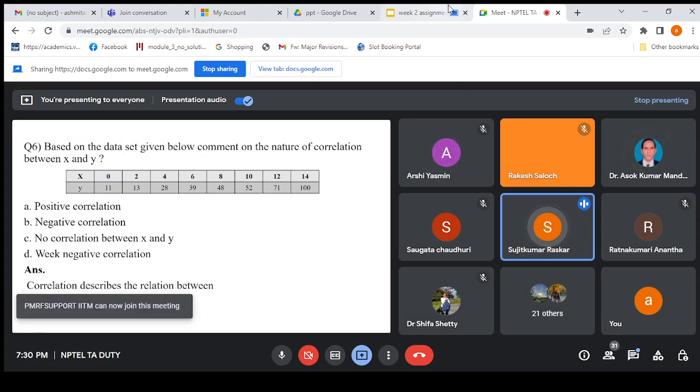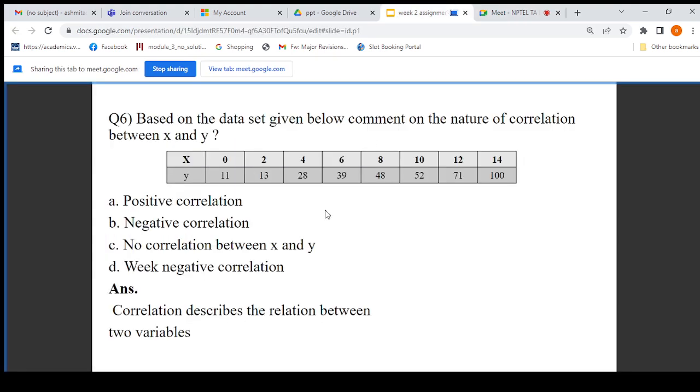As the y variable is increasing along with the x variable, both variables are increasing, hence it is positive correlation. And why is it a negative correlation? I guess someone has said it's a negative correlation. Can you tell me why you consider it a negative correlation?